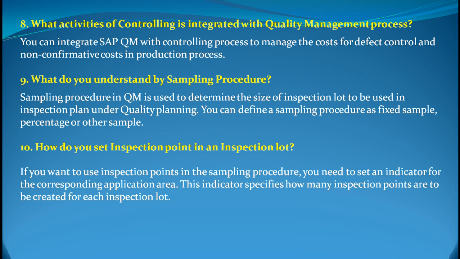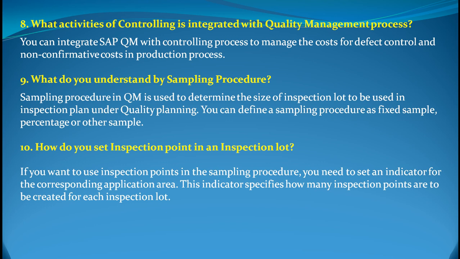The ninth question is, what do you understand by sampling procedure? Sampling procedure is a process in QM which is used to determine the size of inspection lot to be used in inspection plan under quality planning. Now you are basically defining the size of an inspection lot here. It is as simple as that. And here you can define a sampling procedure as a fixed sample, a percentage, or other samples.